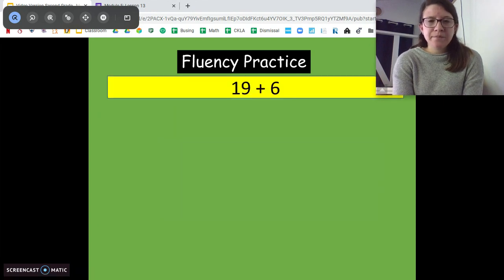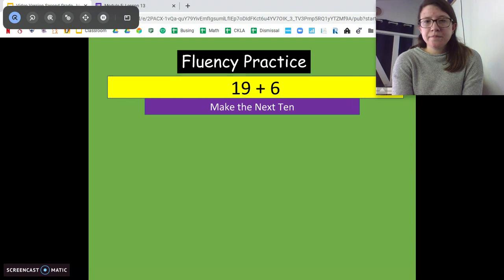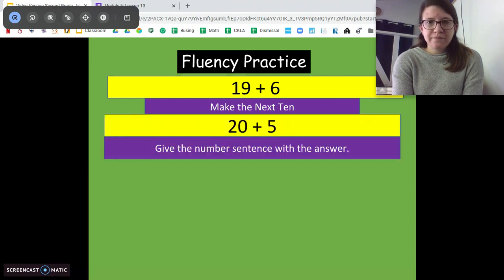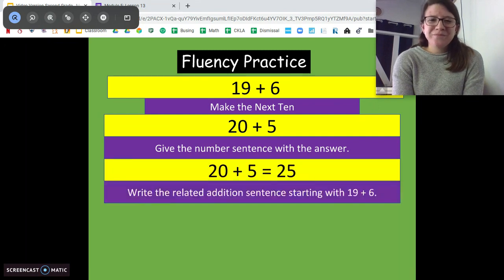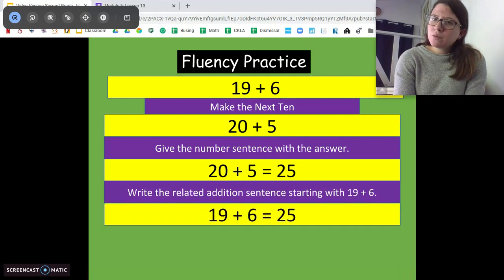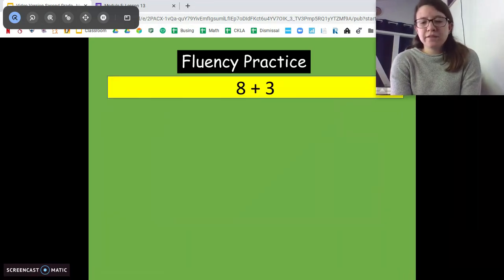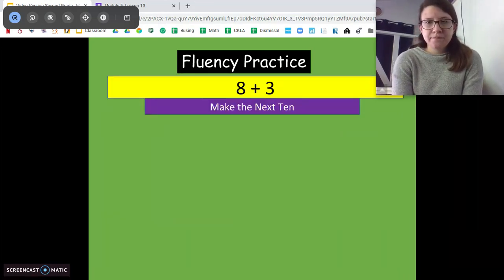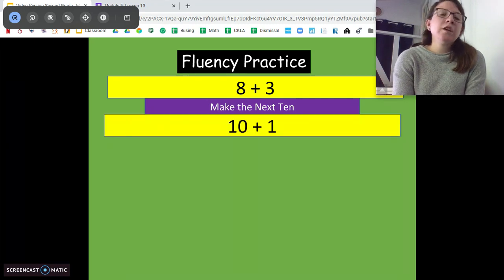Good. Keep going. 19 plus 6. Make a 10. 20 plus 5. Tell me the answer in a complete number sentence. Good. Now tell me the answer with 19 plus 6 equals 25. Good. 8 plus 3. Make a 10. 10 plus 1. Good.